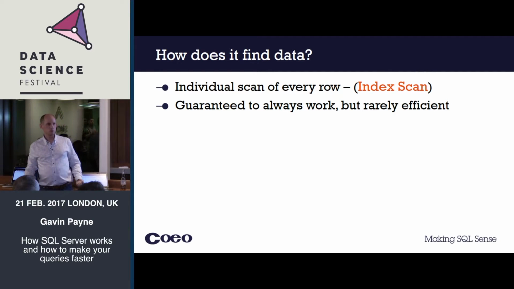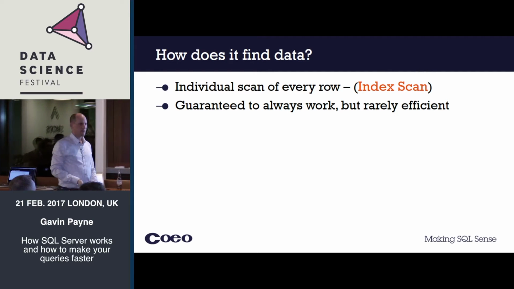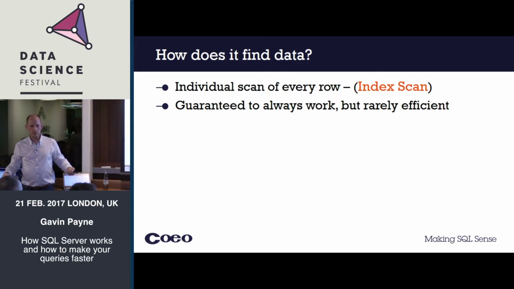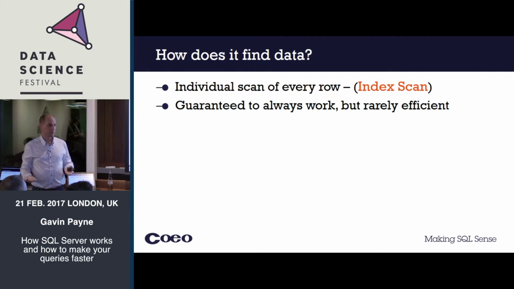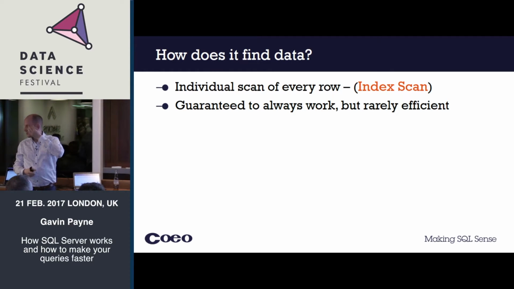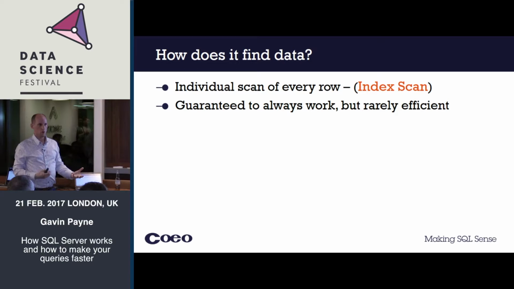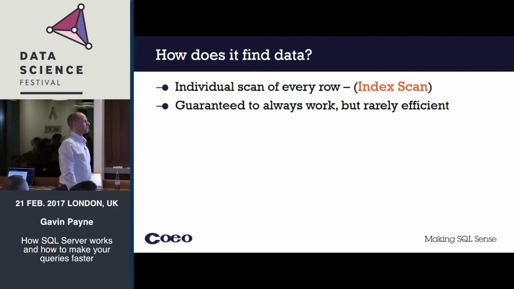That's going to work, because it's like saying, tell me the phone number of somebody, and you look through the phone book and read every person's phone number until you find that person, because you don't know where in the phone book they are. So it will always work, but it's very rare that that's the best physical operation you could do.